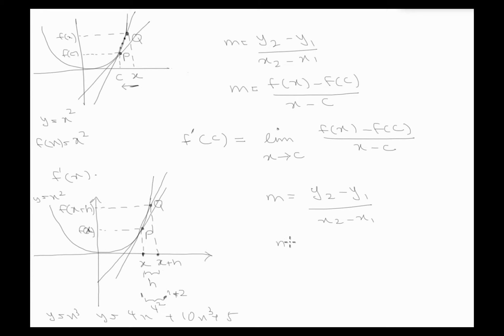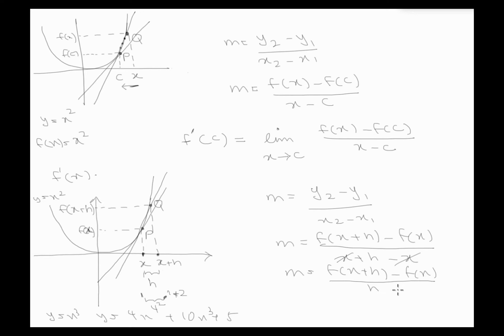And so my m value is going to be f of x plus h minus f of x over this minus that. So it's x plus h minus x. Okay? So now x cancels out with minus x, so all you have is f of x plus h minus f of x over h.